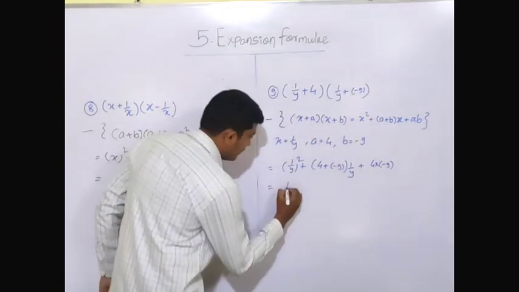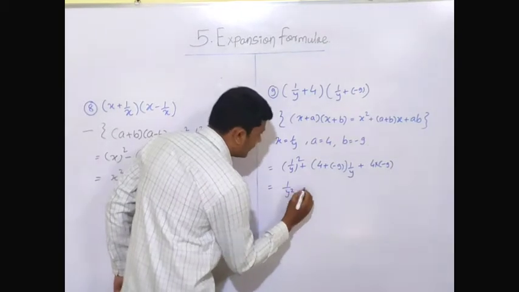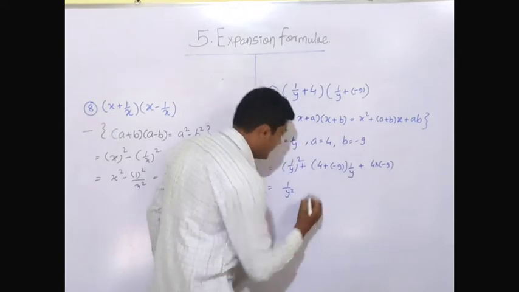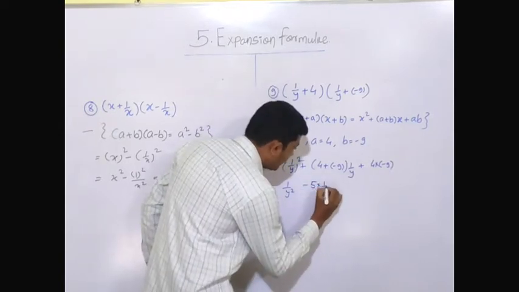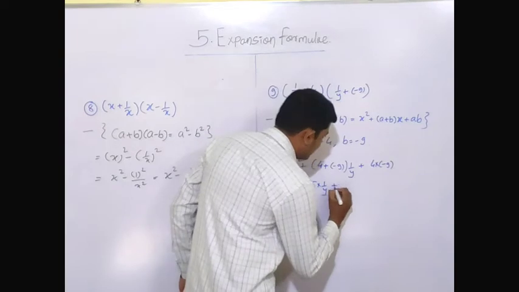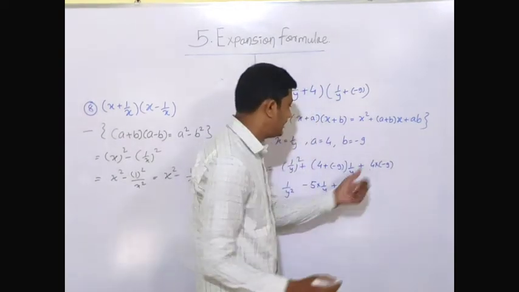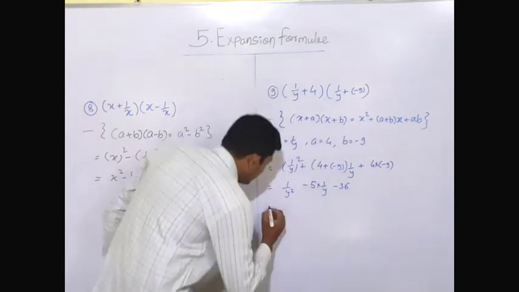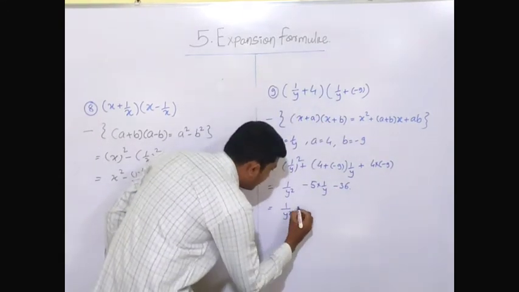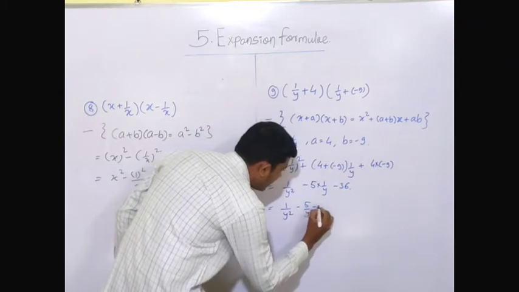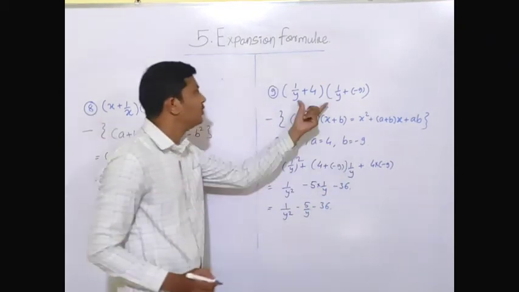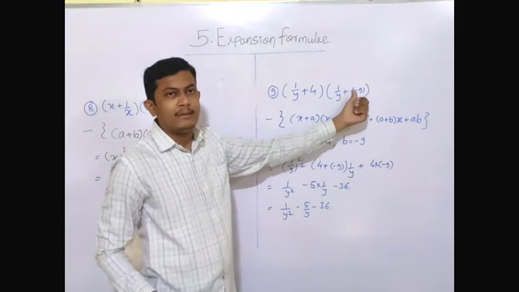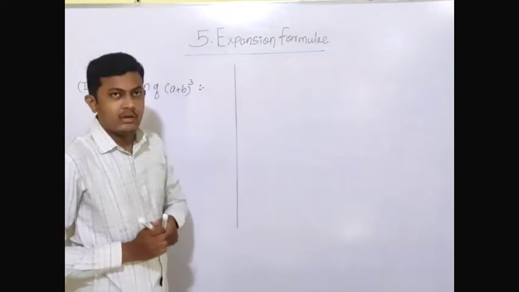So we get 1 upon y square, 4 plus of minus 9, that is minus 5, into 1 upon y, plus 4 into minus 9, that is minus 36. So plus into minus is minus 36. So the expansion is 1 upon y square minus 5 upon y minus 36, which is the expansion of these two brackets, that is (1 upon y plus 4) into (1 upon y plus of minus 9).